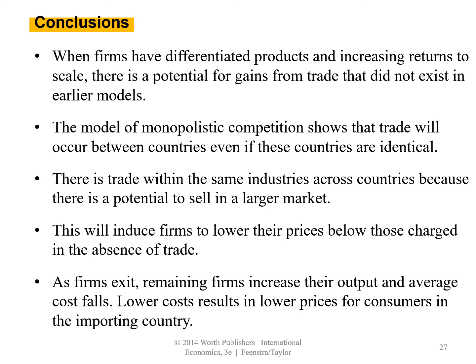You still can have reasons to trade and explanations for trade by allowing for different varieties of the same good. So instead of talking about a generic corn that a country either exports or imports, you can say there are different varieties of corn, different types of corn.